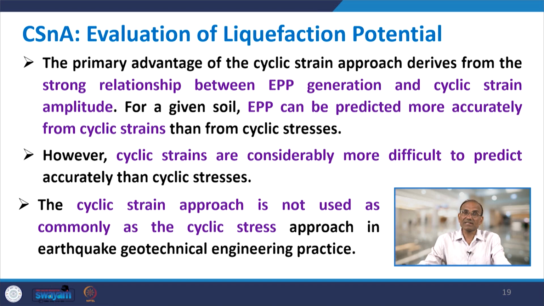However, cyclic strains are considerably more difficult to predict accurately than cyclic stresses. It is true that many factors do not influence the cyclic strains, but they influence the cyclic stresses. However, determination of cyclic strains in the laboratory is not easy, it is difficult. As a result, the cyclic strain approach is still not commonly used in earthquake geotechnical engineering practice.